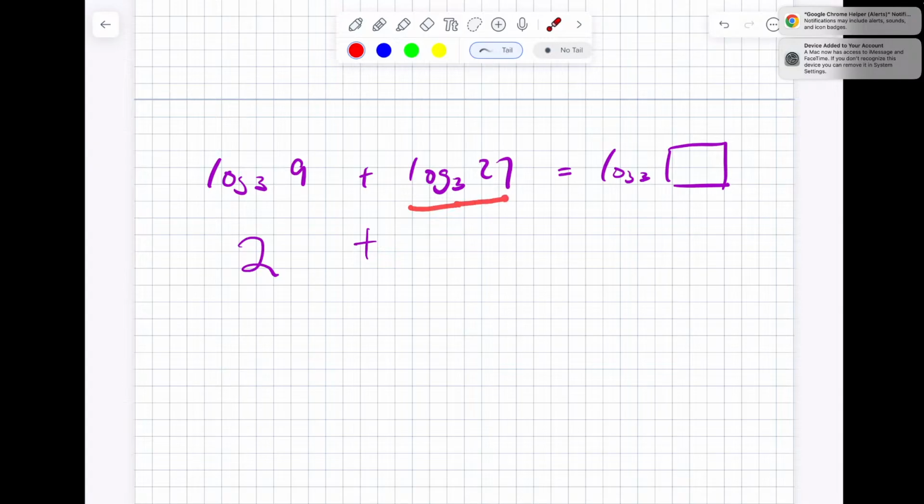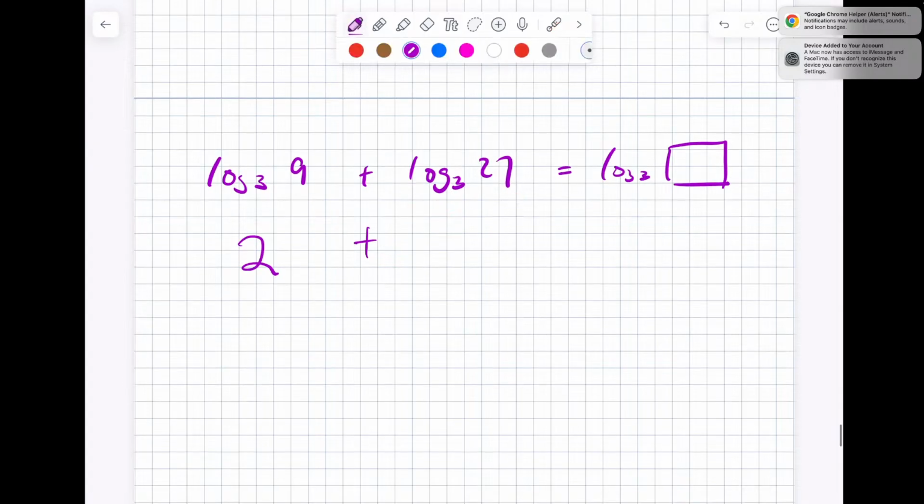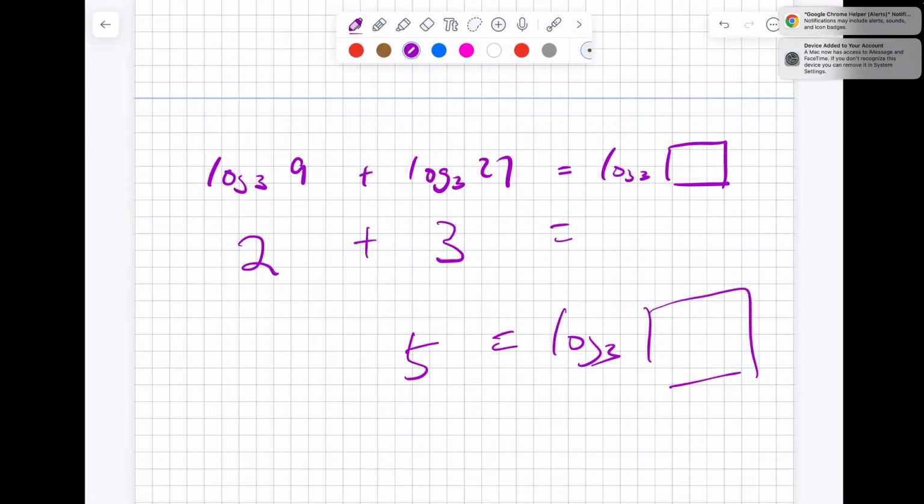Arthur, I'll let you try again. What's log base 3 of 27? There we go. Now it's 3, so you're not wrong. And then 2 plus 3 is what? 5. Okay, so log base 3 of what number is equal to 5?